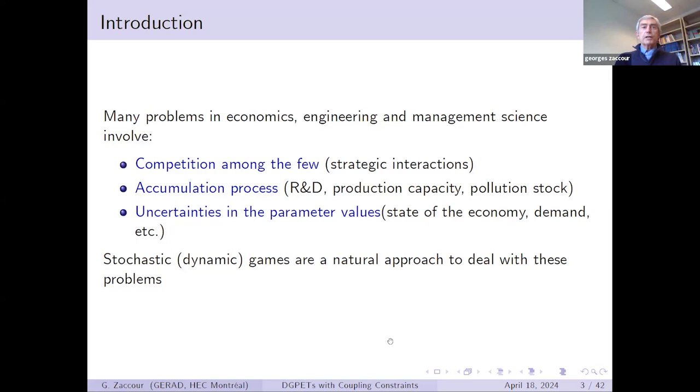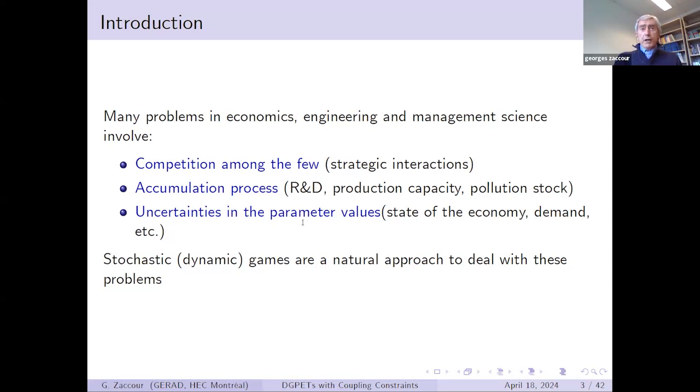We have strategic interactions. Here you have some examples of accumulation processes: for instance, knowledge, when you invest in research and development; production capacity, where you may increase or decrease your capacity; and pollution stock each time you produce something.